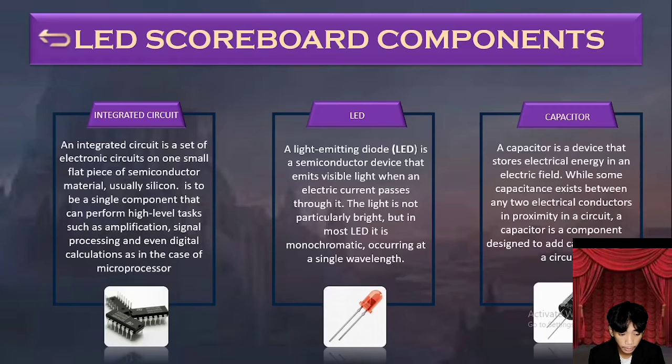It is used as a single component that can perform high-level tasks such as amplification, signal processing, and even digital calculation, as in the case of a microprocessor. Based on this definition, we can tell that the IC is used more in more complex, or more powerful, circuits, I guess.